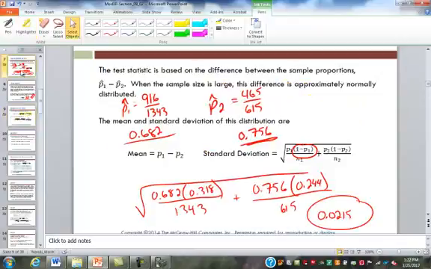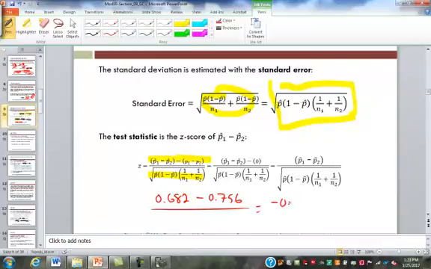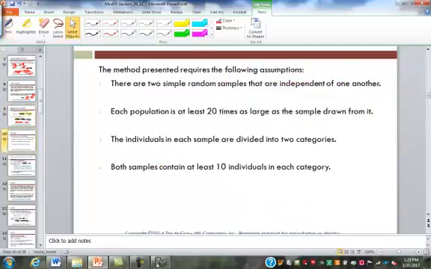So what was my proportions again? 0.682 and 0.756, which is going to be what here? Negative 0.074 it appears to be over that standard error.